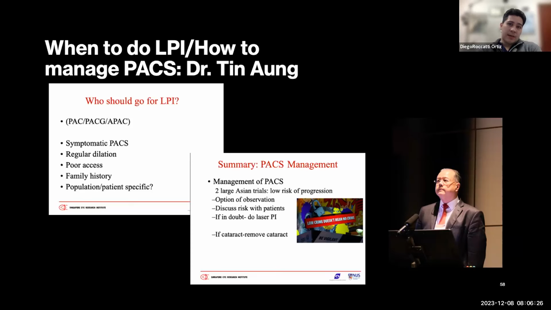If the patient has a family history of an acute attack, or consider the patient's wishes, and if the patient feels safer doing the laser after explaining risks and benefits, it's also a good idea to do an LPI.